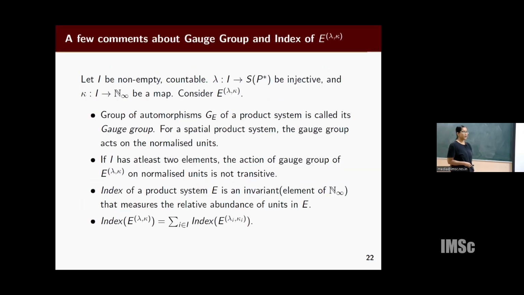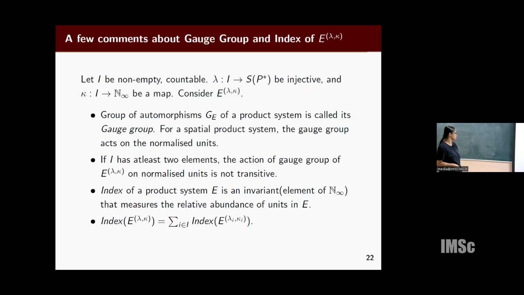As Piyasha had mentioned about index, we can also make a comment on the index of E lambda K, which is associated to S lambda K. The index of this product system, or the corresponding CAR flow, is actually additive.